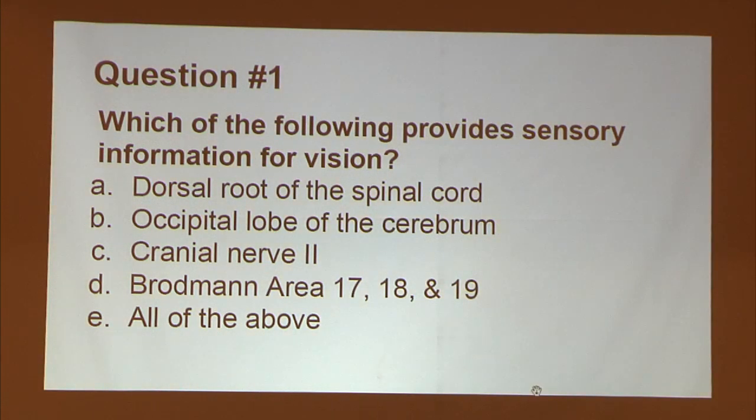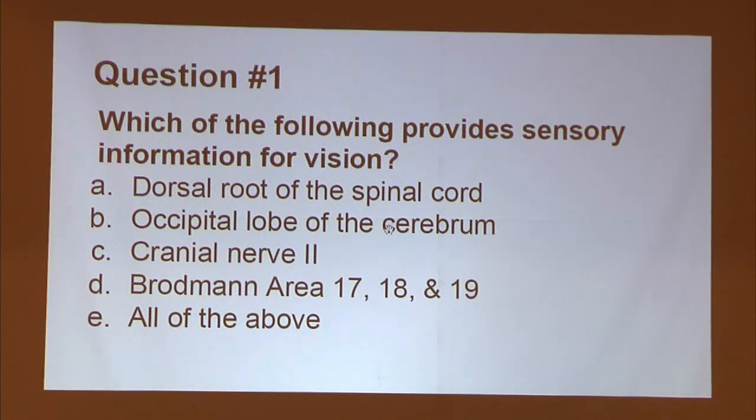So if we're providing sensory information for vision, if we're retrieving it and sending it to the brain, that's not going to be through the spinal cord, because sensory information for vision is going to be going through the optic nerve. So the optic nerve is cranial nerve 2. It's not going to be the occipital lobe of the cerebrum, because that's not where we're getting the sensory information.